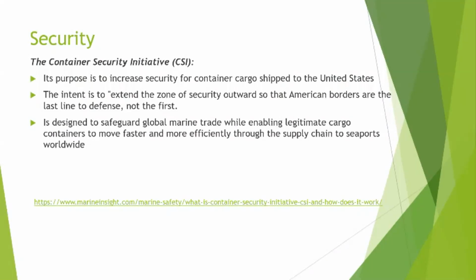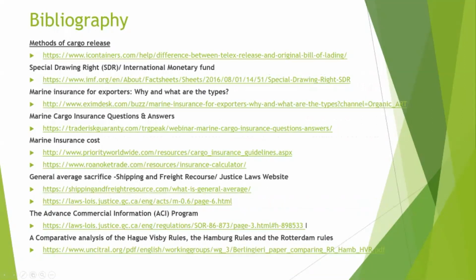Also, when we ship something to the United States, we should follow CSI, which is just related to the States, not for Canada. But if you are exporting something to the States, you need to pay attention to CSI as well. Some definition and explanation for CSI is here. You can click on it and study more. And this is the end of the chapter.